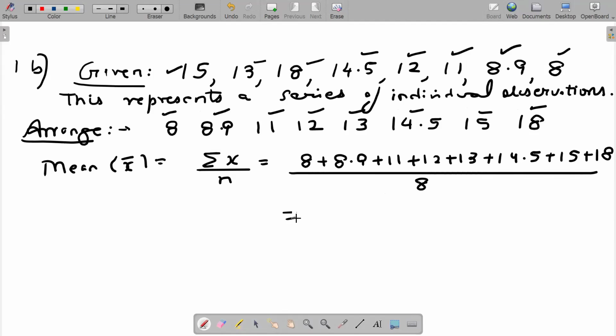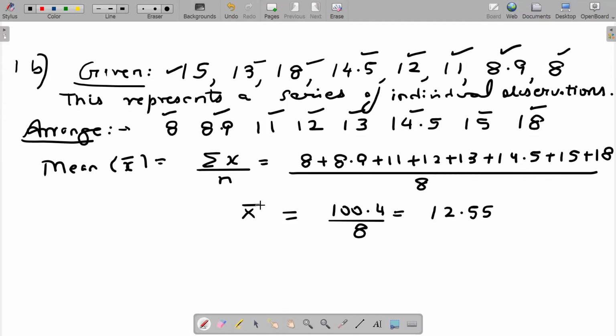If I add all of them up, it comes out as 100.4. Divided over 8 comes out as 12.55. That means the mean is coming out as 12.55. This is my sample mean X bar.